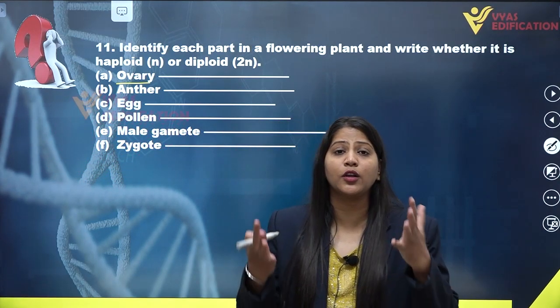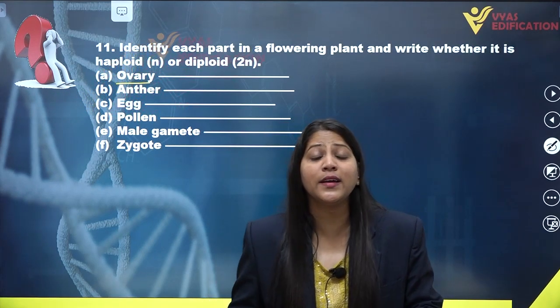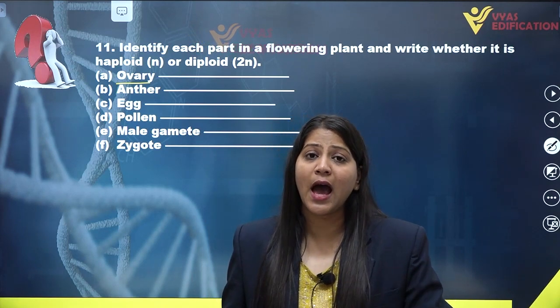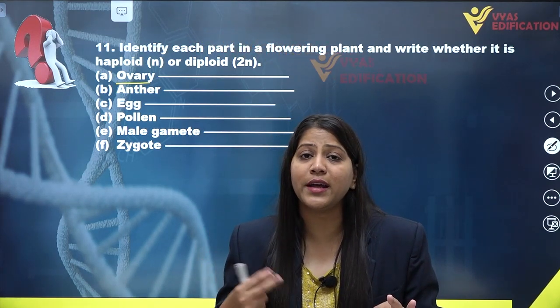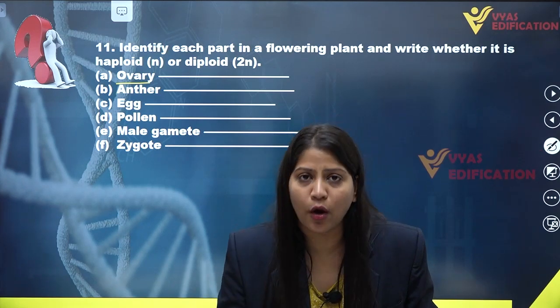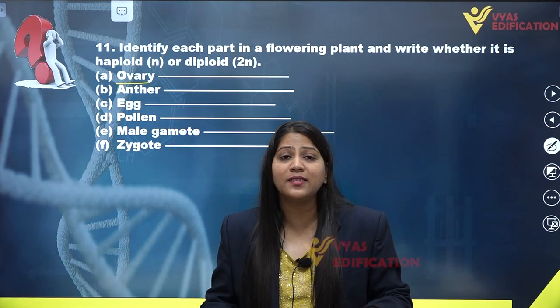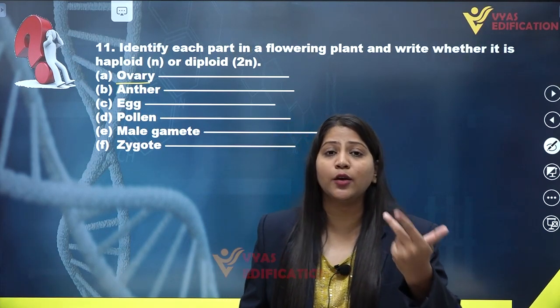Why is it diploid? Because we have a full set of chromosomes that is fixed in number. Each and every cell of our body has 46 chromosomes, or 23 pairs of chromosomes.